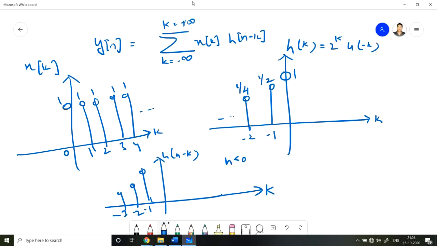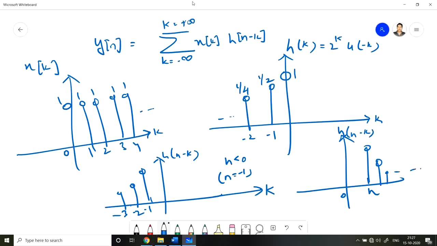It is shifted to some point n in the negative direction.